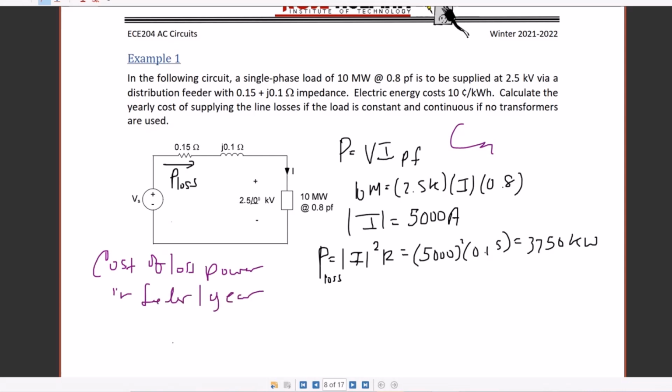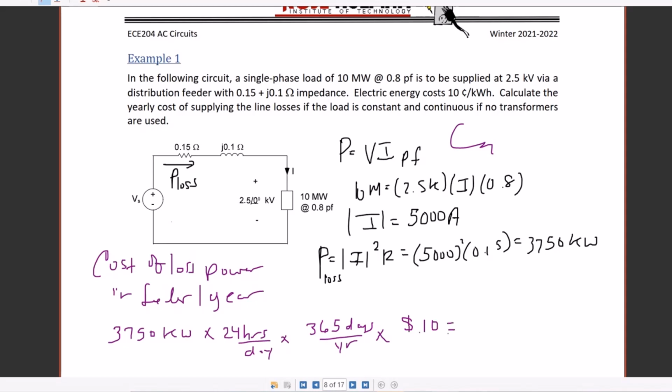Knowing that power costs 10 cents per kilowatt-hour, we're going to take 3,750 kilowatts times 24 hours in a day times 365 days in a year times 10 cents.